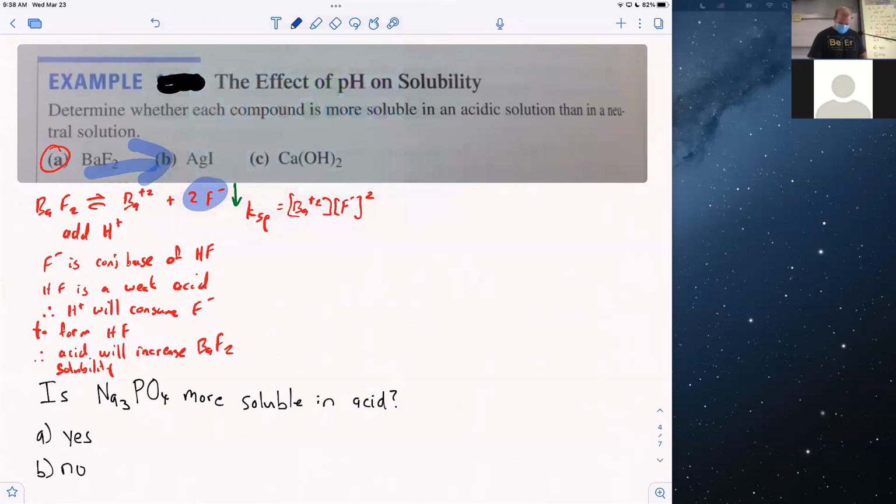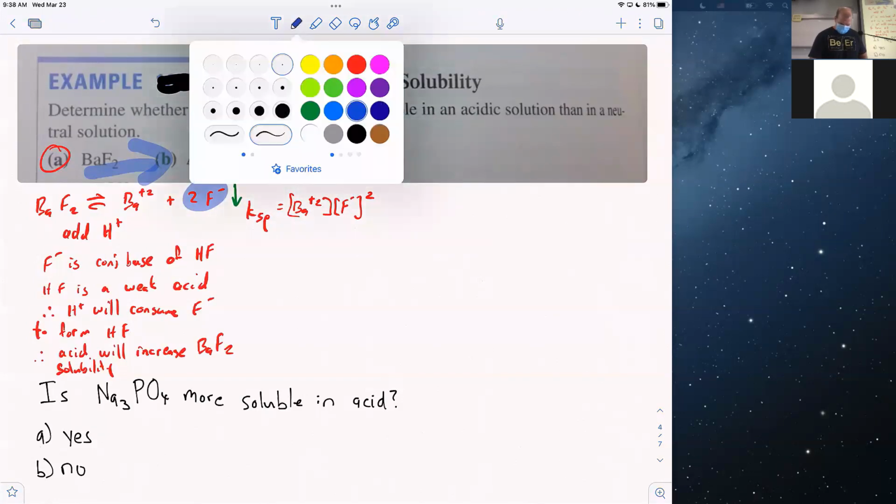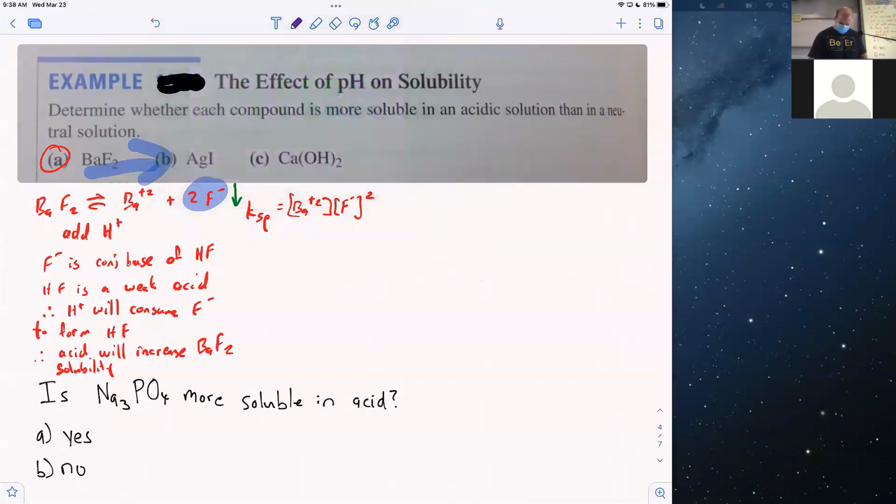Let's look at another, and students tend to have a hard time with this. What color should I use? I'll do purple. Silver iodide. So silver iodide is in equilibrium with silver ion plus iodide.